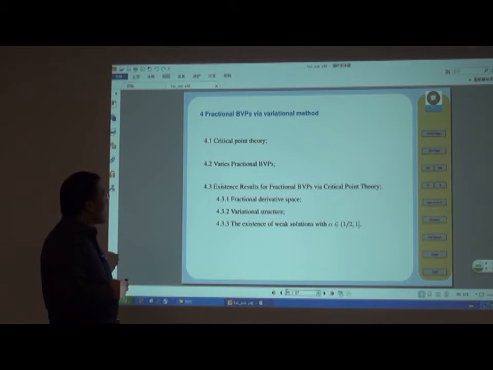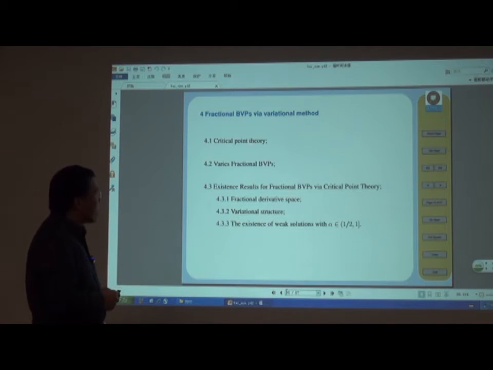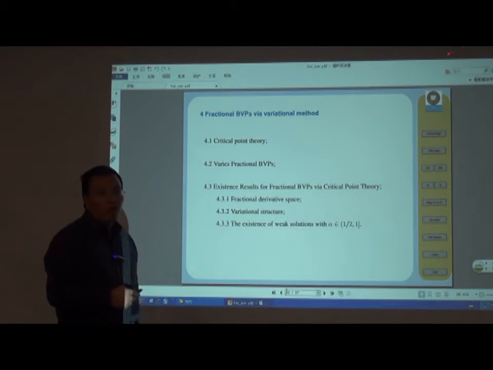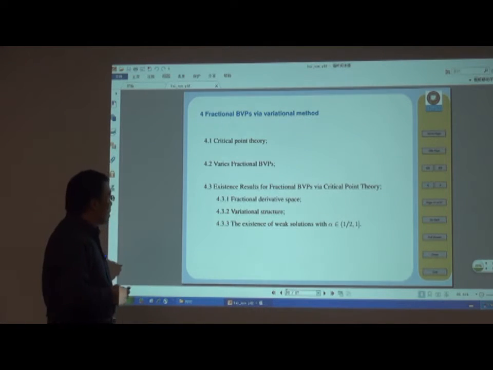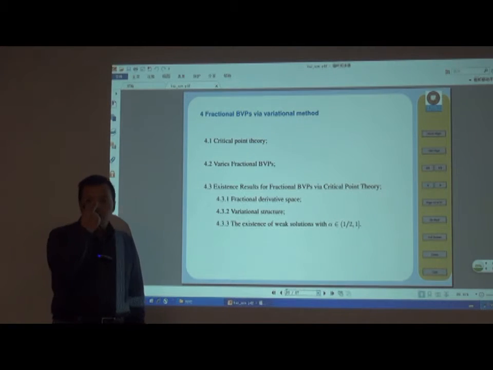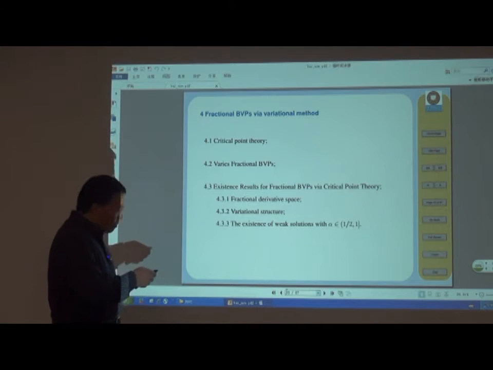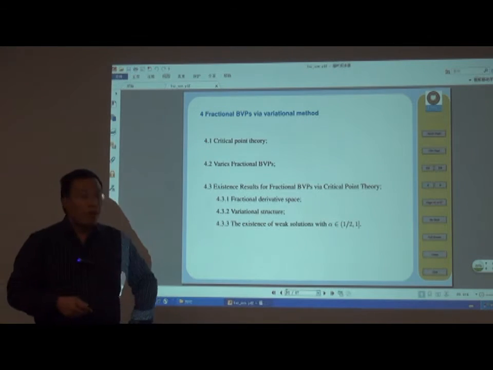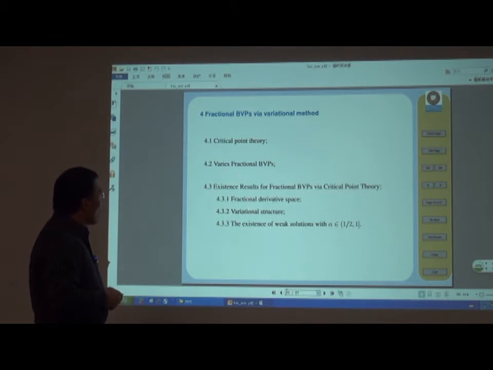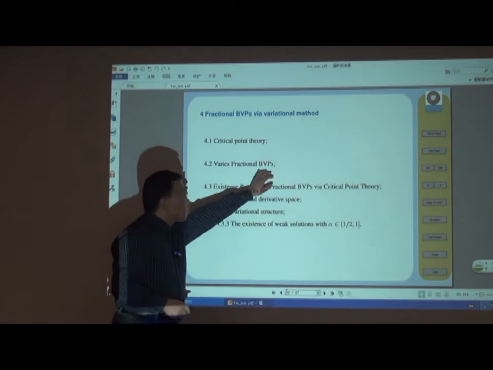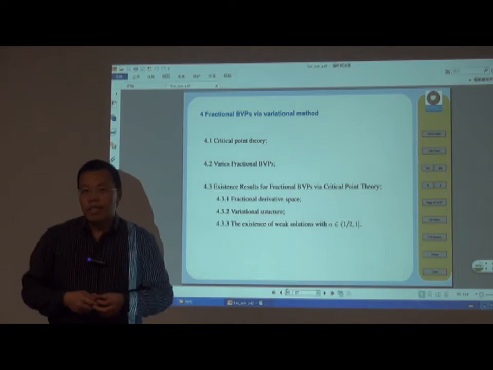Under subsection 4.1, we will introduce some critical point theory, and maybe some of you are not familiar with this, and we will give some important concepts and results. In 4.2, we will show you various fractional boundary value problems. There are so many boundary value problems that have been studied.